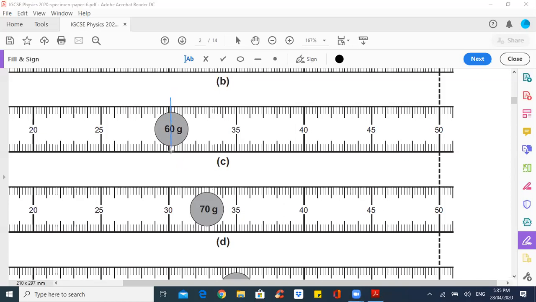So this is your center mark here, which is one stroke after the 30 mark. If here is 25, here is 30, so it'll be 30.2. So you're going to be 50 minus 30.2, because the bold mark is the 30 mark. Which would be 19.8. Good.